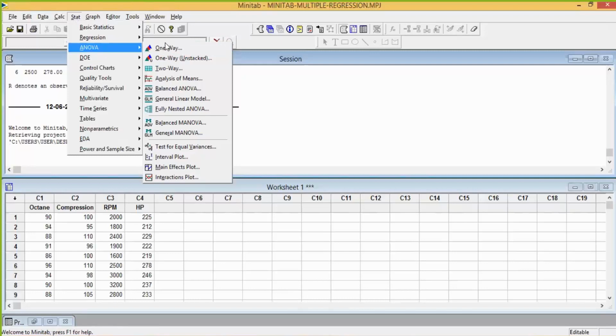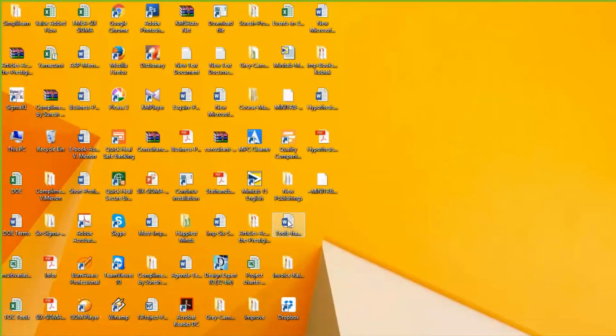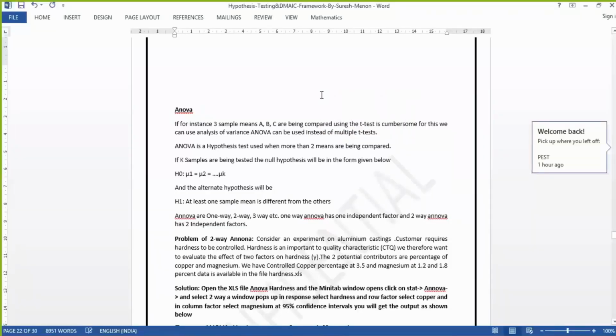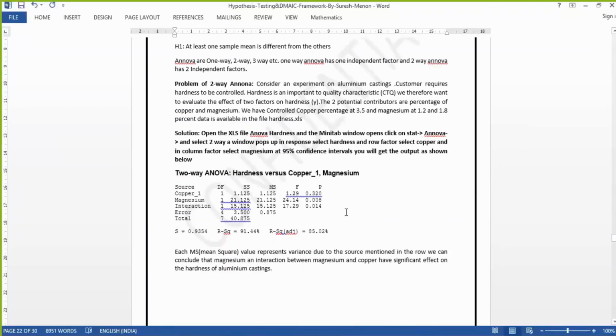Don't use the other parts of it. Only click on one way ANOVA. One way ANOVA is better. We are finished with ANOVA. You do this exercise on your own.